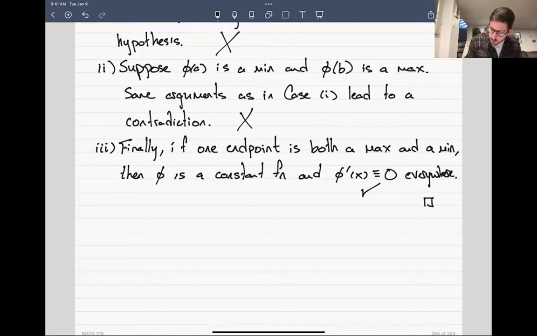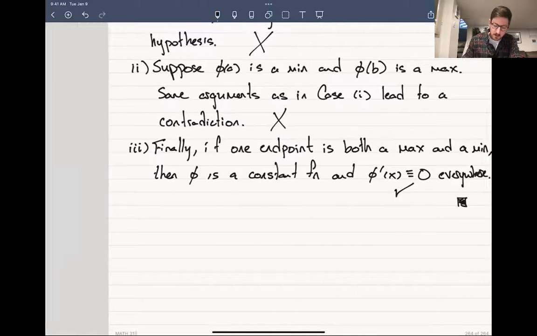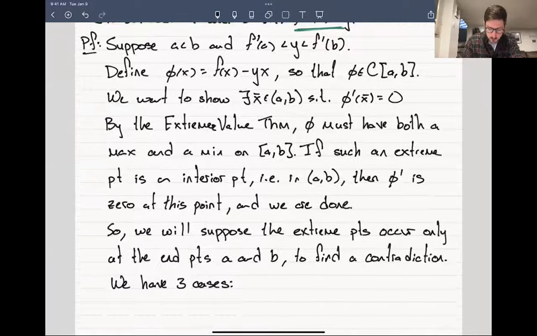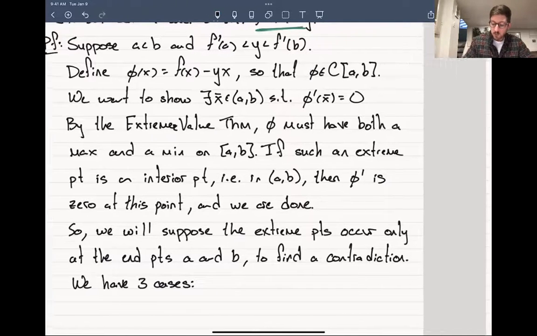So this covers all of the cases. Essentially what we've done with this proof is we said, okay, if phi has a max or a min inside the interval, we know the derivative has to be 0 there. We've already proved that. So check. That's one case done. Then we said, imagine your maximum and minimum occur at the endpoints, A and B. Then let's ask ourselves, what are the possibilities?